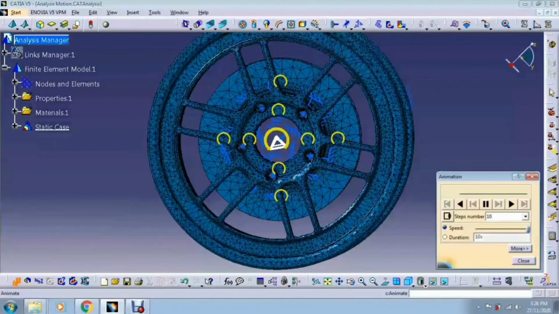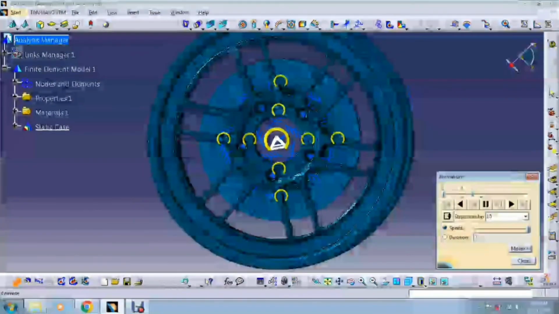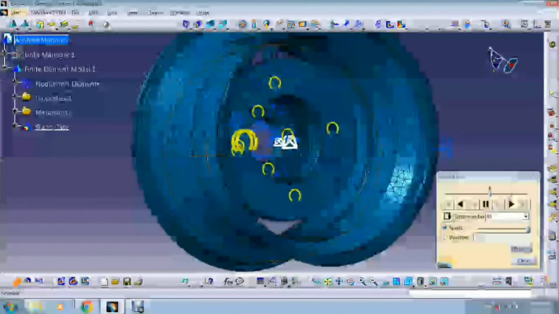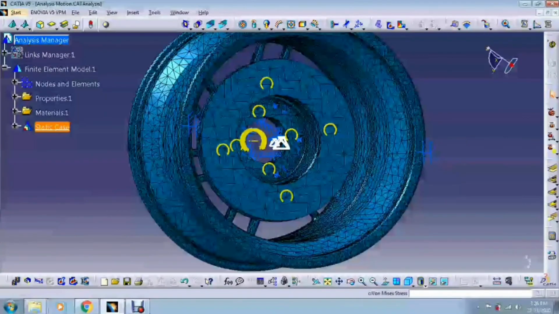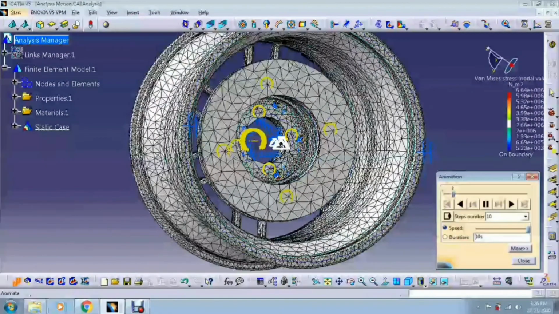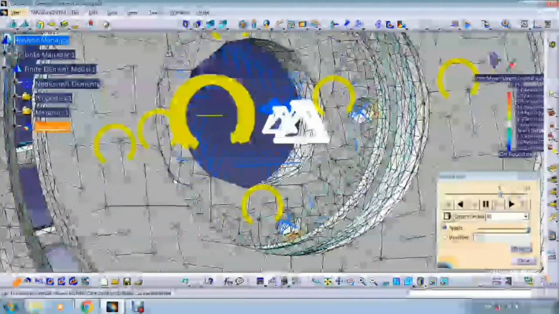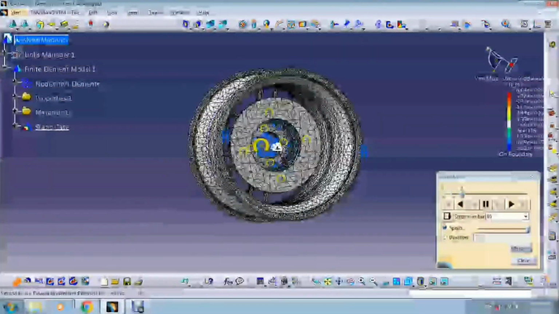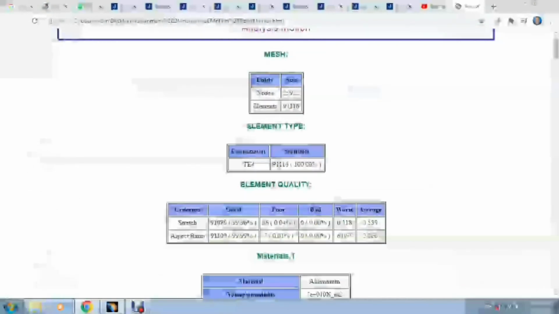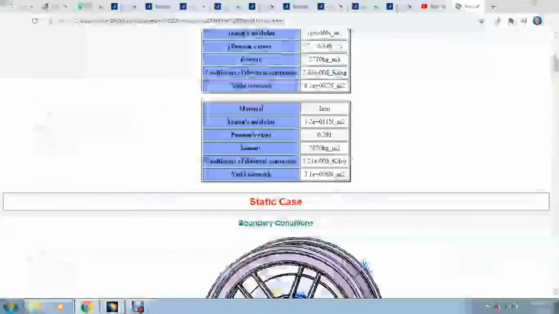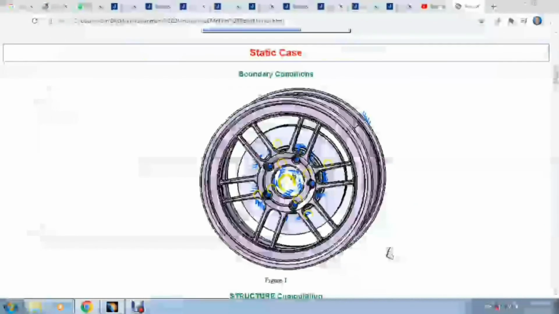We can also play animation on the result gained to see the deformation and also the distribution of stress. After that, we generate the report to further analyze the result.